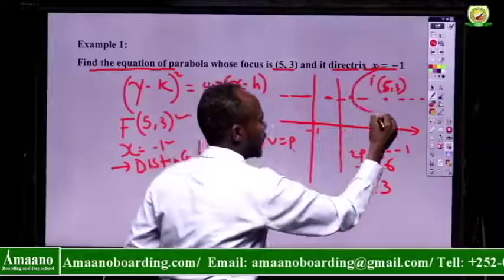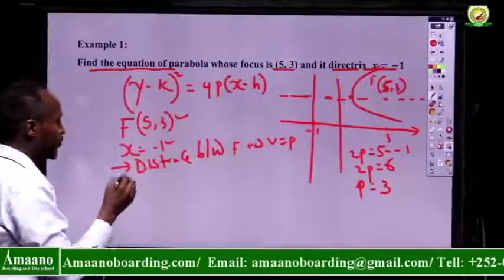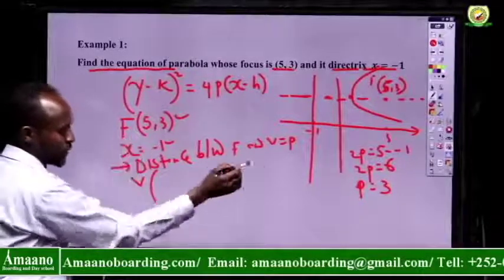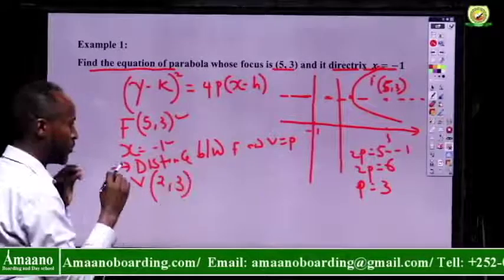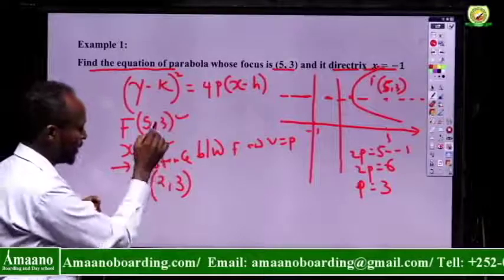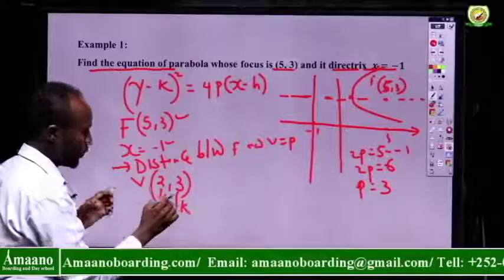Our parabola concaves in the direction of the focus. Therefore, look, we have here the focus. The vertex has coordinates of 5 take away 3, which is 2, 3. The only thing that we are not changing is 3, which is the value of k. This is h, and this is the value of k.